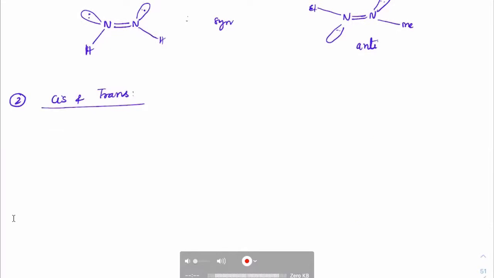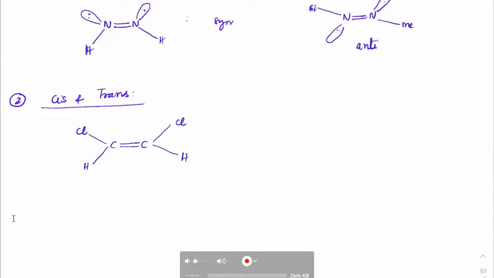Syn and anti are usually used when you have C double bond N, N double bond N, or C double bond O. In those cases only we will use syn and anti. If you have C double bond C, we will always use cis and trans. For example, if you have C double bond C and two groups here, let's say we have Cl, H, H, and Cl.